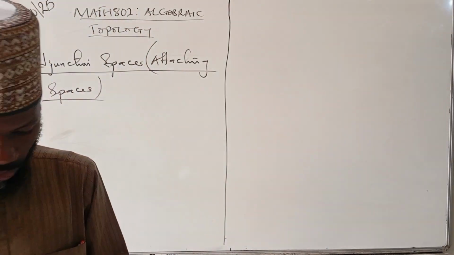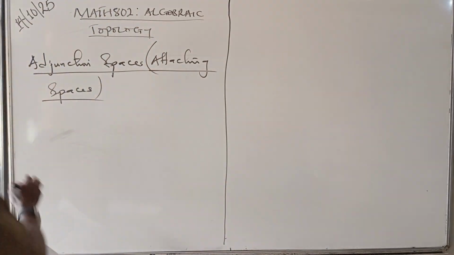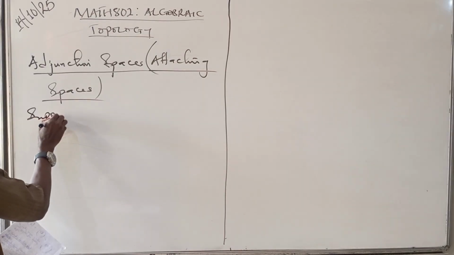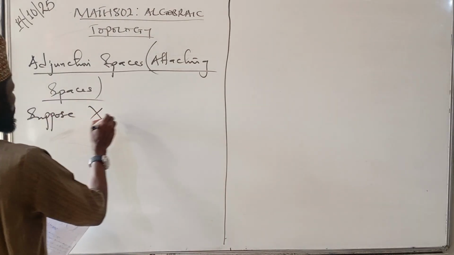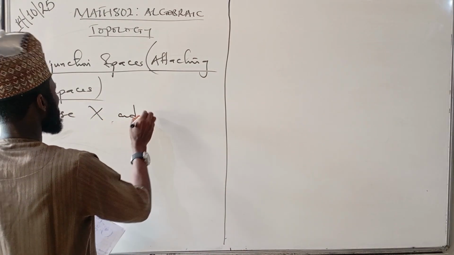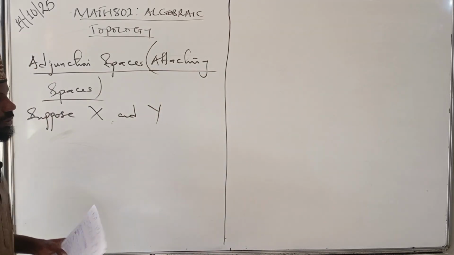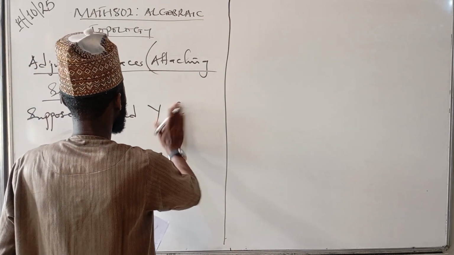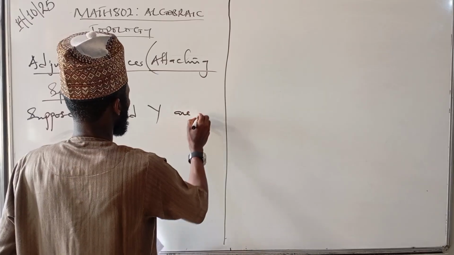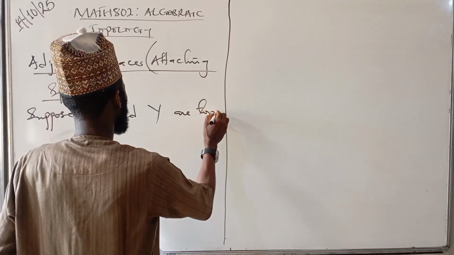This is the intuition. The way to do it is actually still a quotient space, but you assume you have two topological spaces.